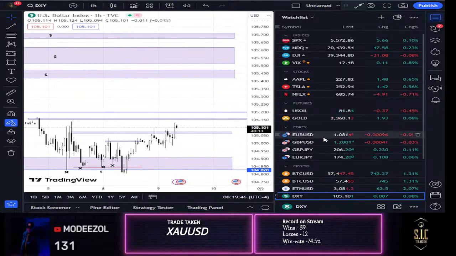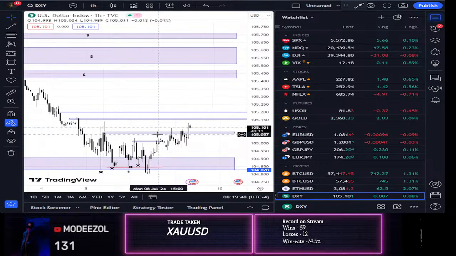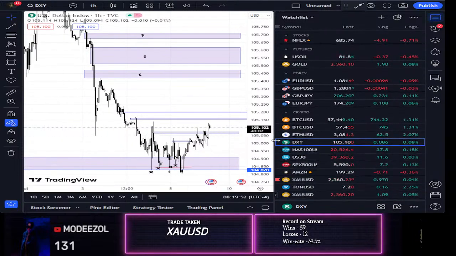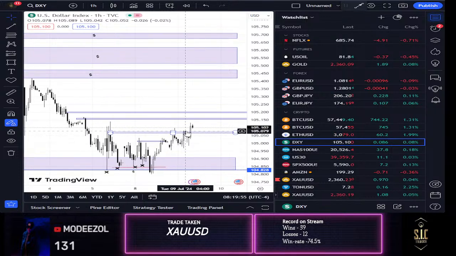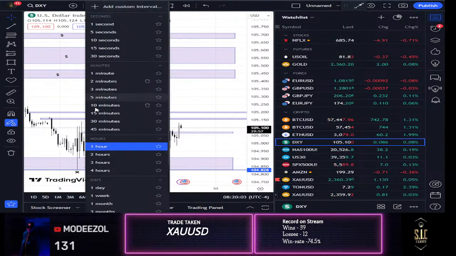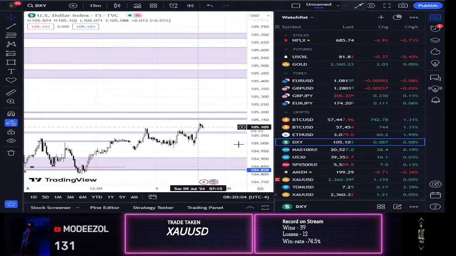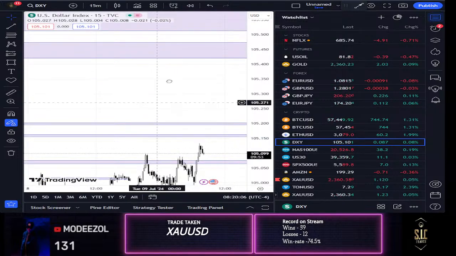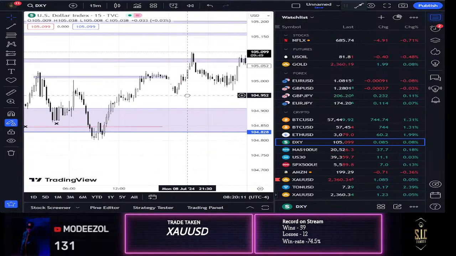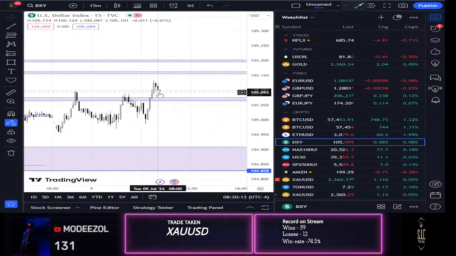So pretty much we're seeing that DXY still has insufficiency sitting below that they can still go down and get. Let me see. Still some insufficiency.